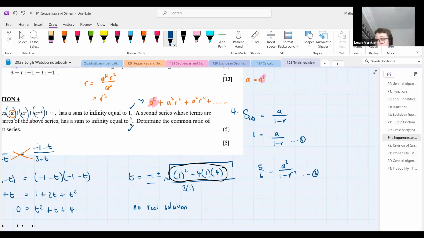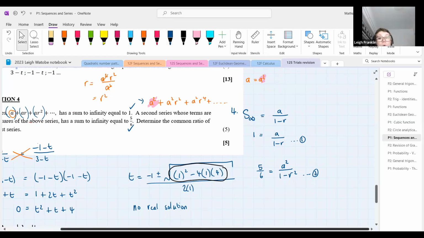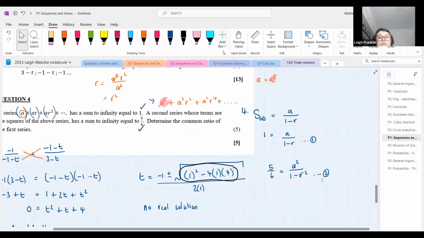So they wanted us to determine the common ratio, or r, of the first series. Exactly, Mbalendle, quite right. Should I let you guys try this by yourselves? And then let's see what answers you come up with, instead of me just doing it for you.